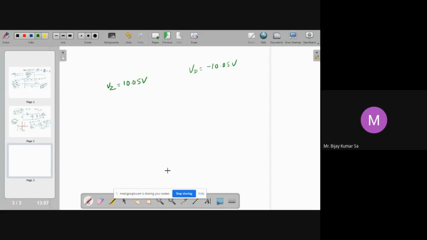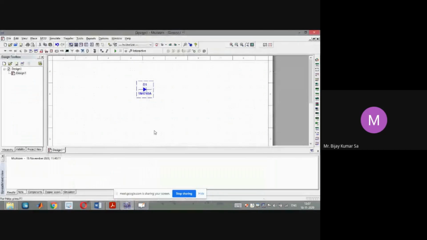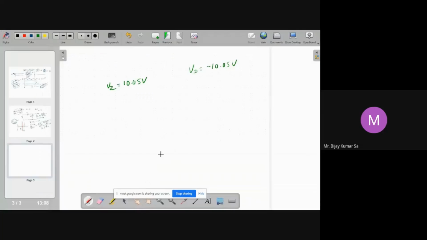And what is the diode we are using? We should also write the name of the diode. The diode name is 1N4740A. This is the diode which we are using. For this, we have got Vz equal to this much.